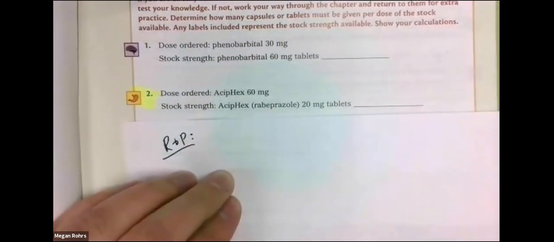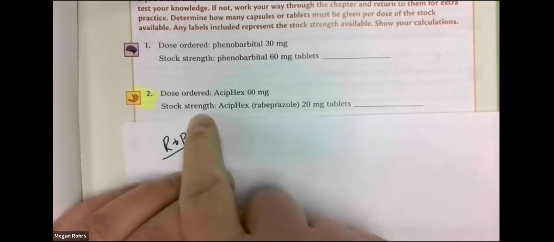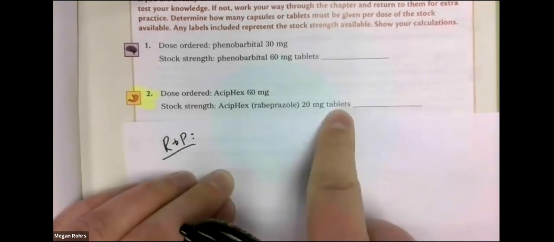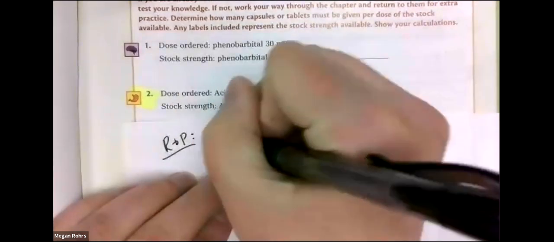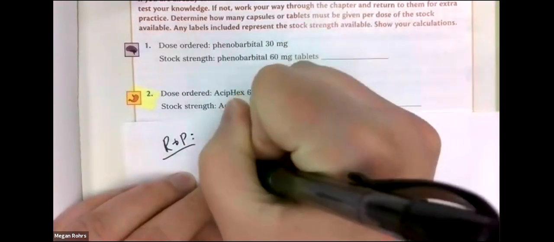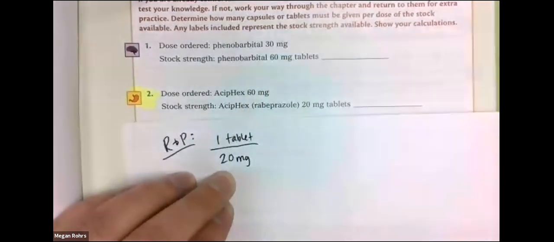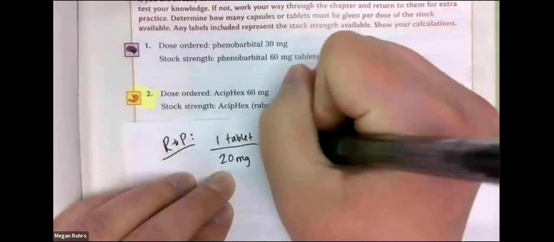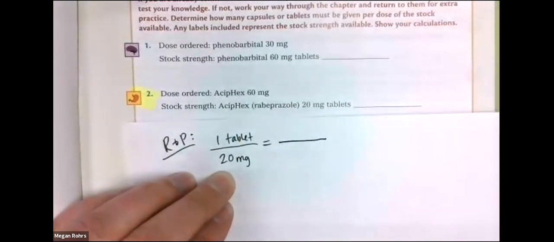So ratio and proportion, start with what we know. We know that what we have in stock are 20 milligram tablets. So in each tablet, there are 20 milligrams. We know that. Now set that equal to what we're trying to solve for.